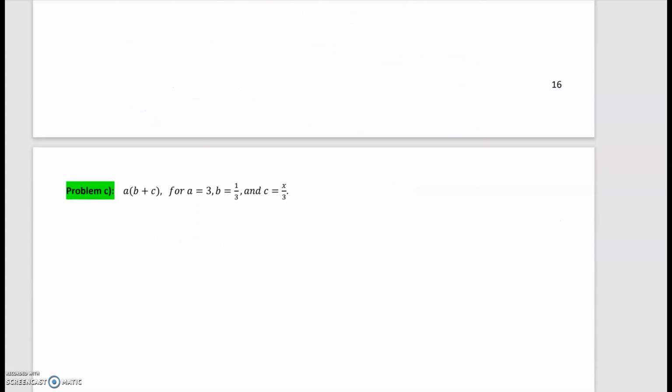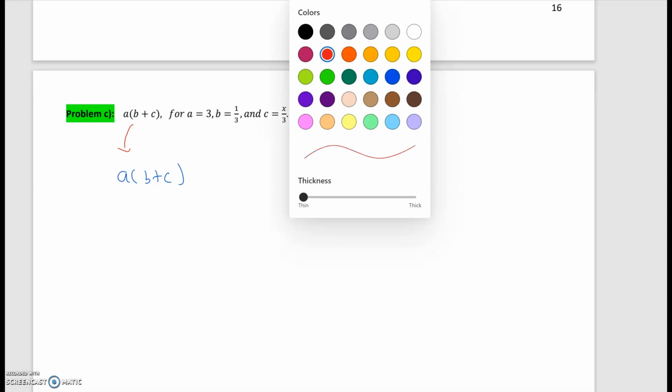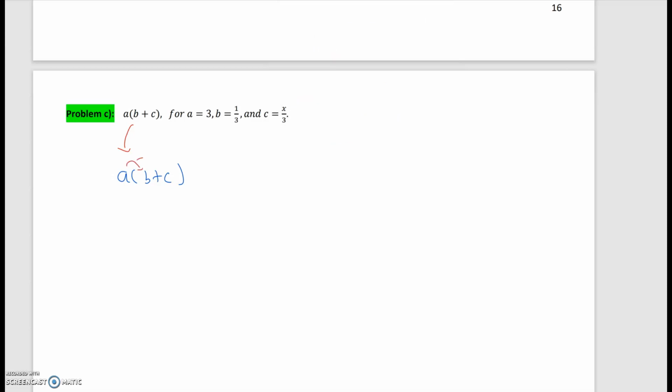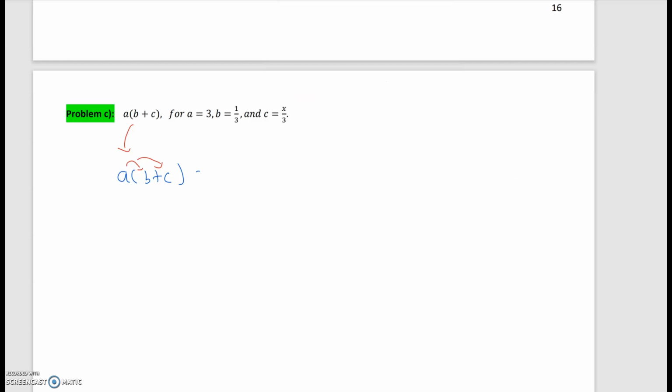Let's move on to C. Okay, and if you recognize this particular problem, it is one with the distributive property. So A times B plus C. If you recognize this, you could just multiply those two and then end up with AB plus AC.